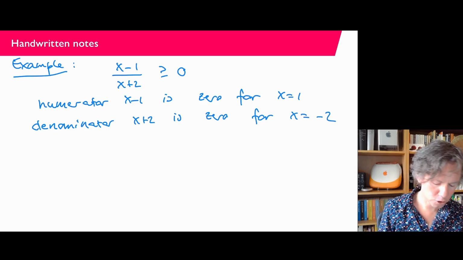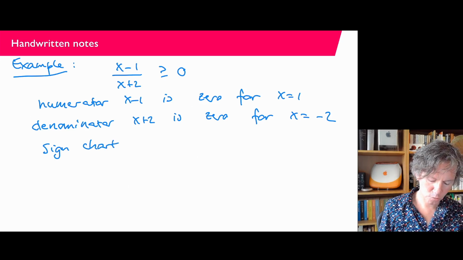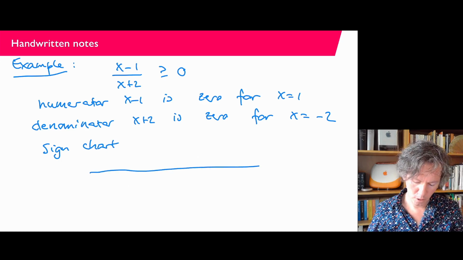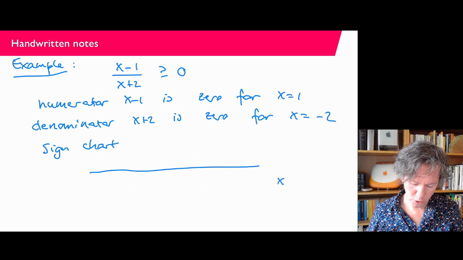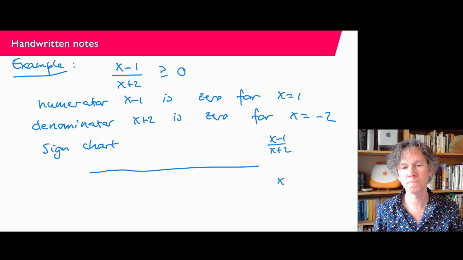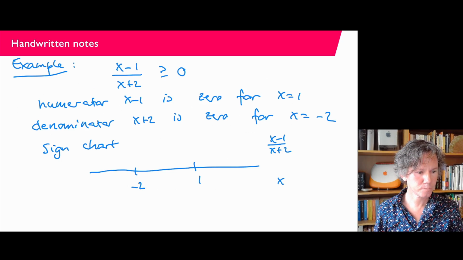And now I'm going to make a sign chart. So what is that? A sign chart means that I'm going to draw the real axis. Below I'm going to put x, and up here I'm going to put the sign of the expression we're interested in, x minus 1 over x plus 2. And I am going to label the special x values, so minus 2 and 1.